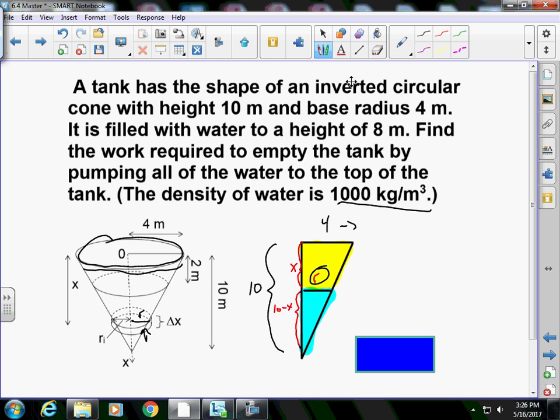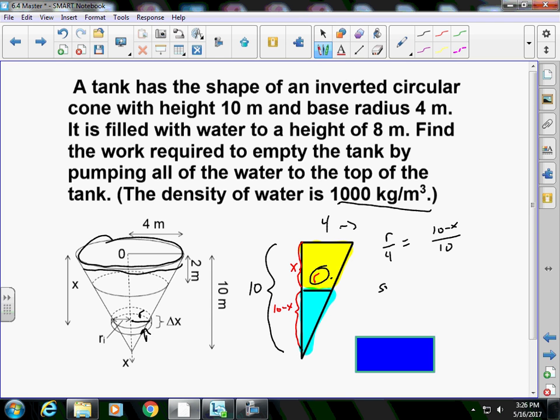So I can set this up as a ratio: r over 4 is equal to 10 minus x over 10.